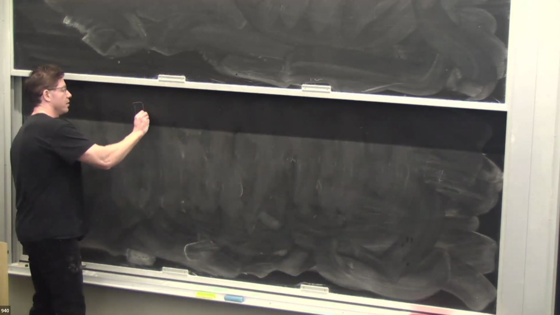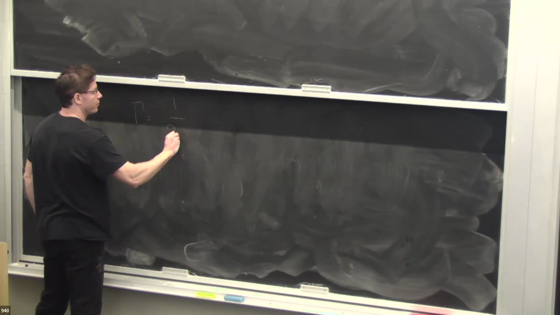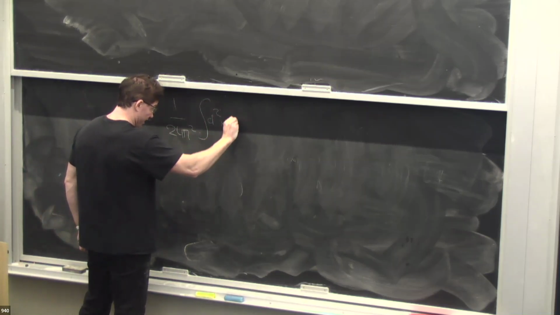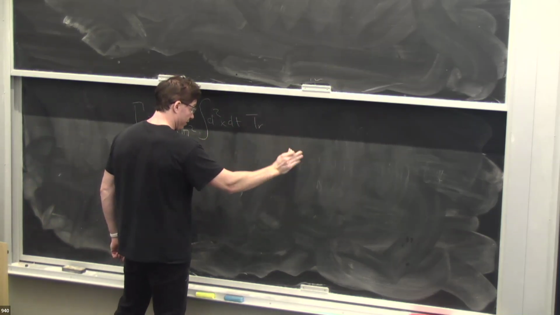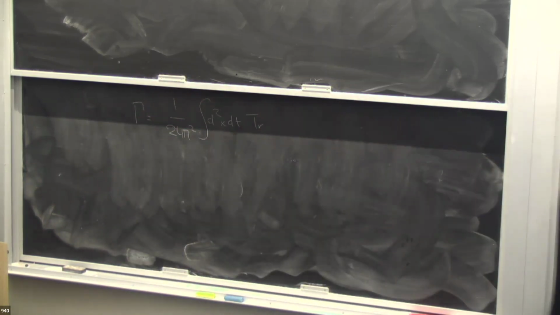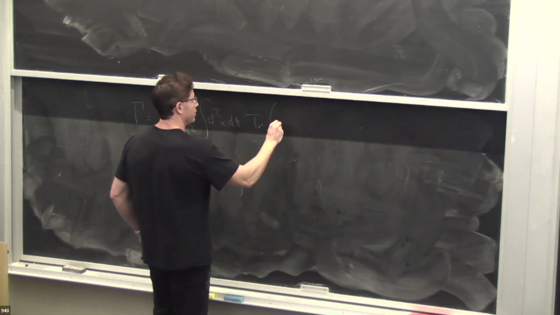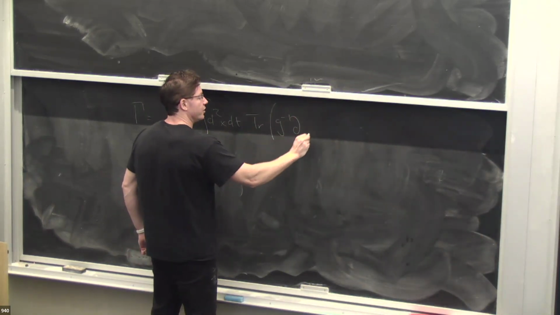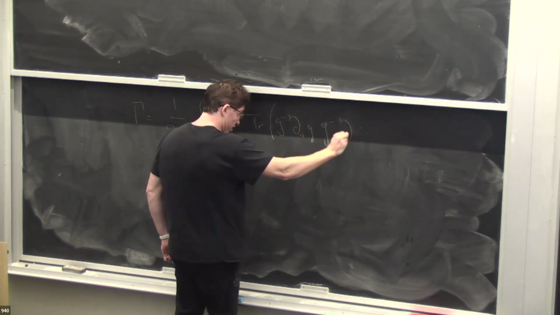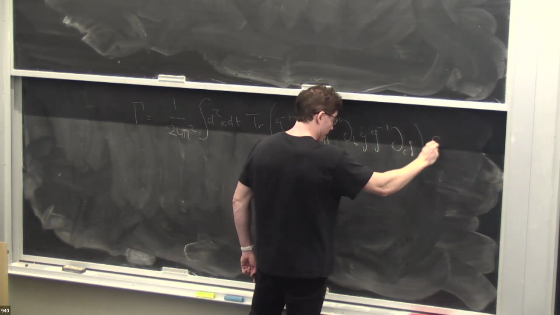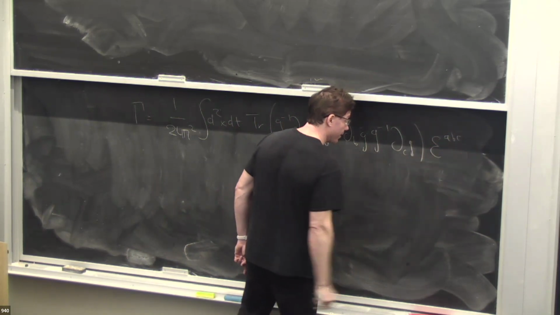So gamma is 1 over 24 pi squared integral of d2x dt trace, oh I forgot to write trace, I'm sorry. It's of course matrices, so I have to trace them. A trace of g minus 1 dg, g minus 1 dg, g minus 1 dg, and then there is an epsilon tensor.